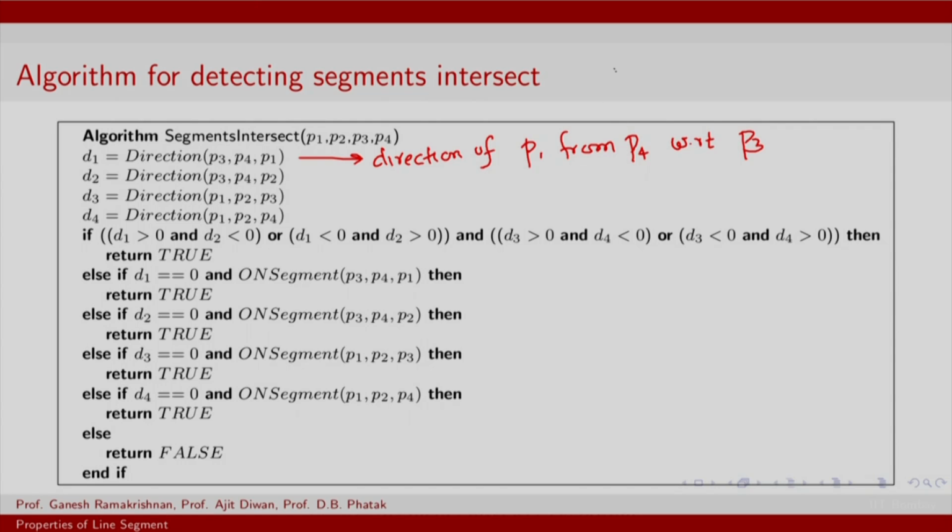And to remind you what this means, we are pivoted at P3, we look at P1 minus P3 and P4 minus P3. If the cross product P1 minus P3 times P4 minus P3 is positive, then it means that P1 is clockwise from P4 with respect to P3.